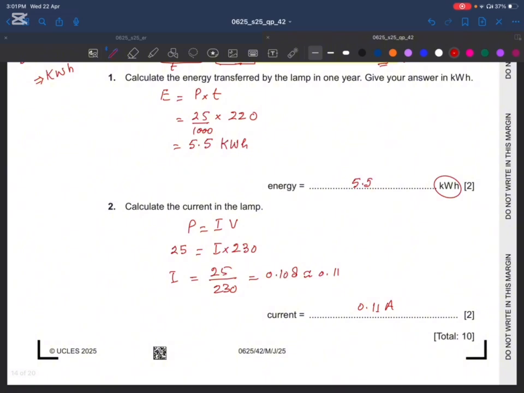So here you have to write the unit of the current. Remember that only the magnitude is not enough. Always write the unit if it's not given. In this case, ampere is obviously the unit which is not given, so you have to write it.